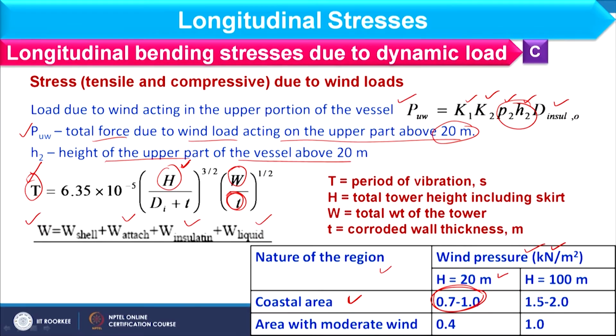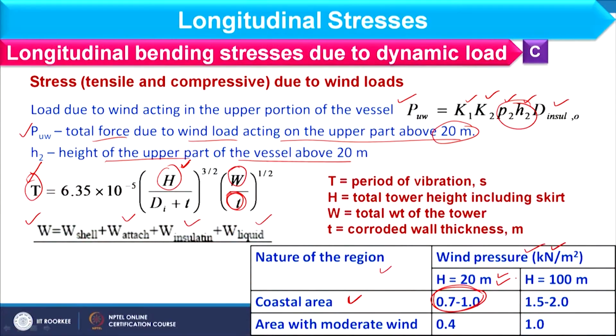However, when we design it, we always design for extreme condition. So, if you are operating in a coastal area, wind pressure you should consider as 1 only, right, up to height 20 meter. Now, beyond that height, we can consider wind pressure between 1.5 to 2. So, in that case also you should consider the maximum or the extreme condition, fine.